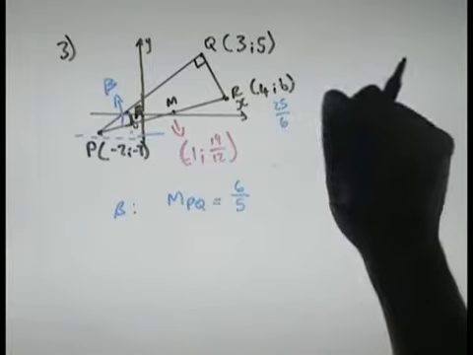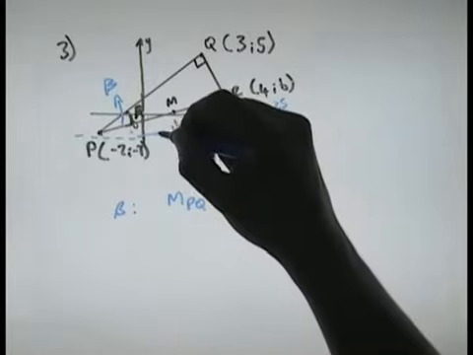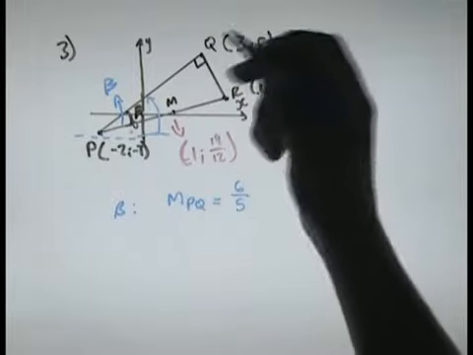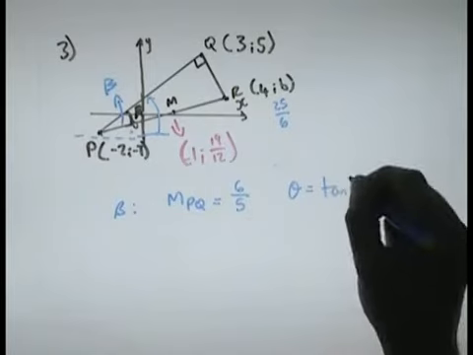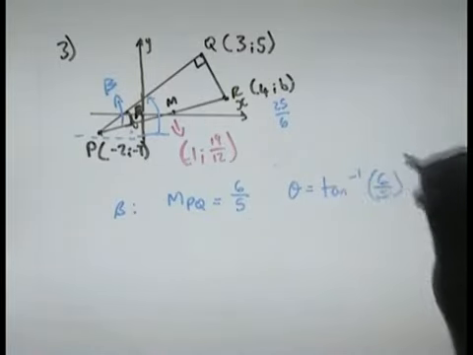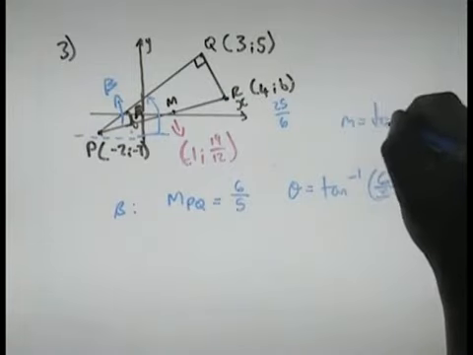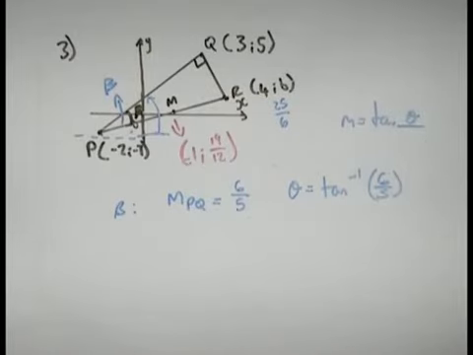So the gradient of PQ is equal to 6 over 5. That means that the total angle, theta, the angle of inclination, is equal to the inverse tan of 6 over 5, because remember, m is equal to tan theta. That means that theta is equal to the inverse tan of the gradient.